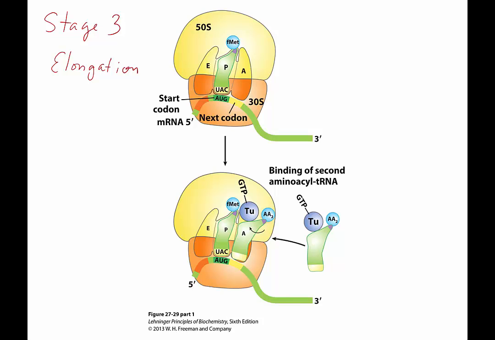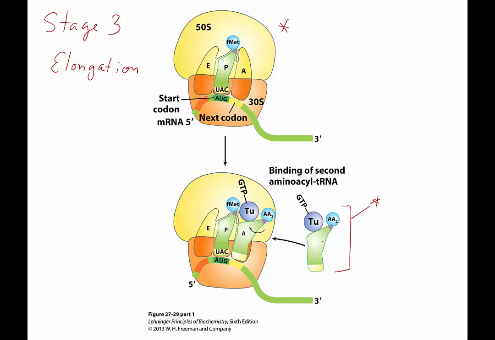And so here you have a set of requirements. For one, you need this initiation complex that we formed in stage 2. You'll also need a set of charged transfer RNAs. So you're going to need basically a full set of these guys, and for all 20 amino acids you have to have the charged transfer RNAs.